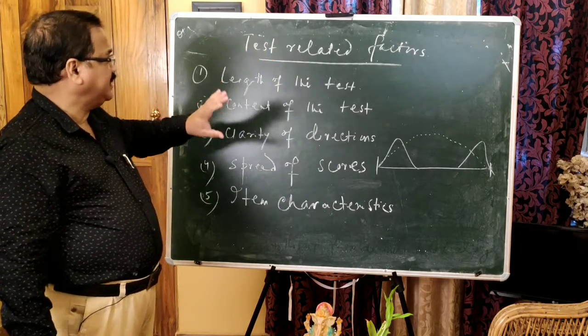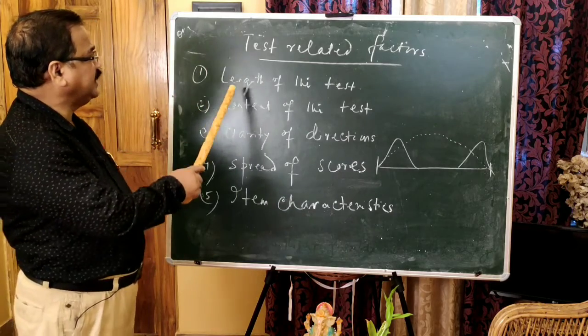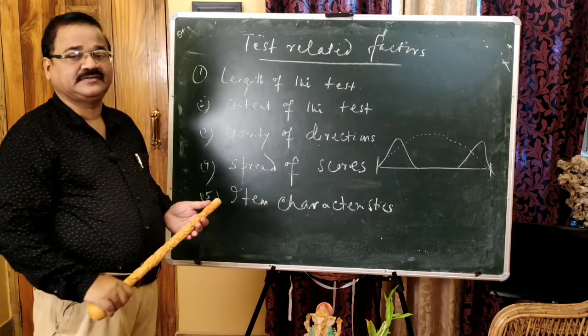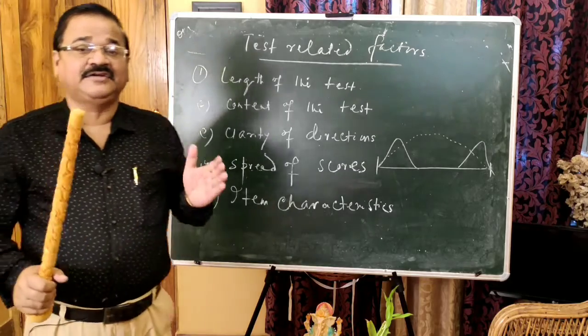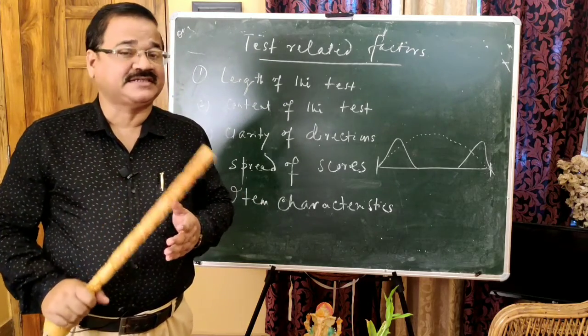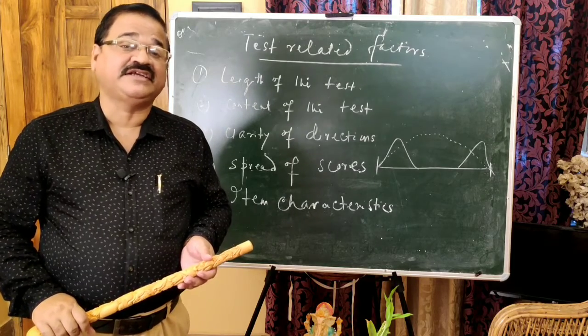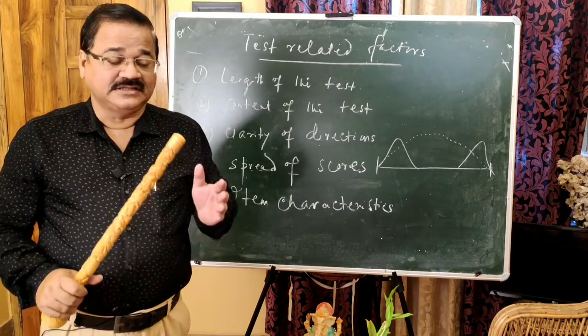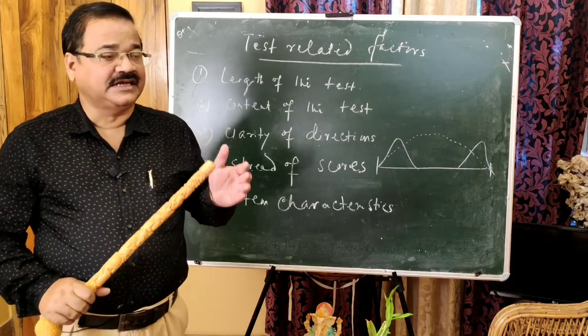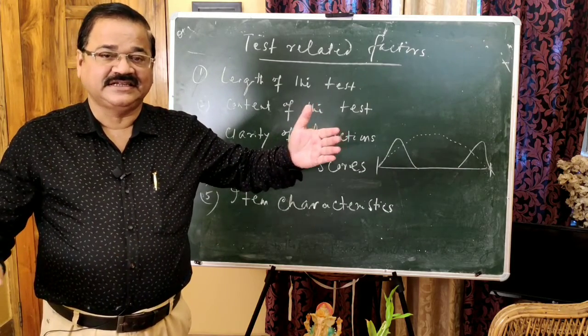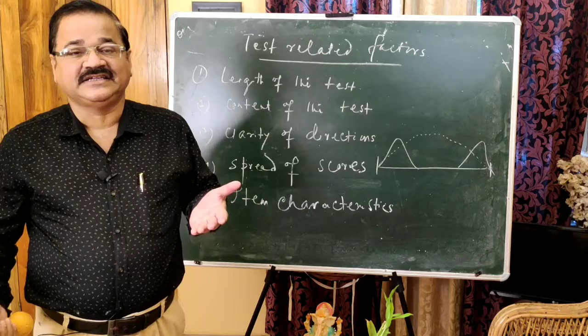Under test related factors, the first one is the length of the test. The length of the test affects the reliability as well as the validity to a greater extent. There is a saying, the larger the test, the greater is its reliability.